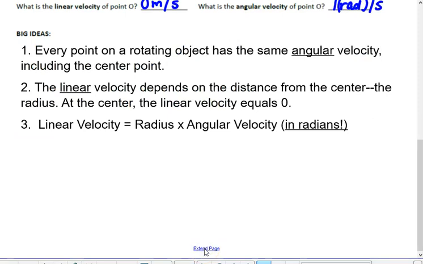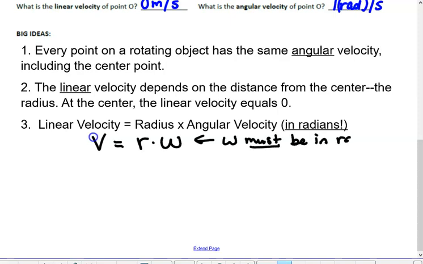Okay, so let's put it in terms of our variables that we defined above. Linear velocity is v, we'll call radius r, and angular velocity is omega. And remember, omega must be in radians, or this formula is not valid.